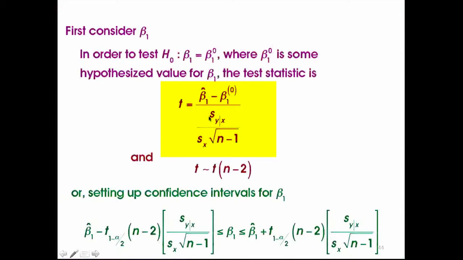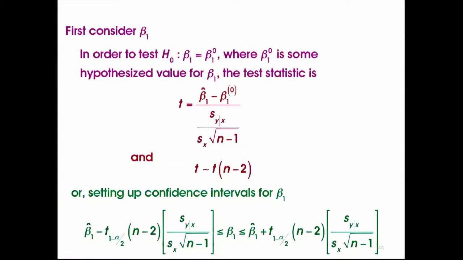Instead of sigma squared y given x, which is sigma squared without a subscript, I use s squared y given x. If I don't know sigma squared x, I estimate that with s squared x. And so this is just the formula that I use for hypothesis testing for the slope. And this will be distributed as a t with n minus 2 degrees of freedom.